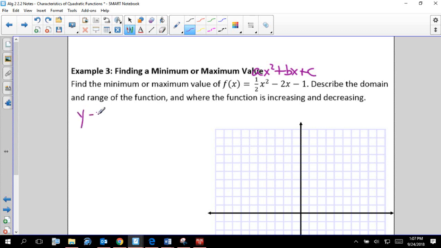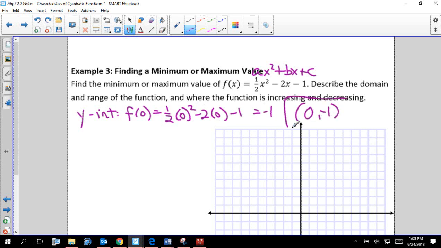So first thing we're gonna do is find our y-intercept. We find our y-intercept by plugging in 0 for x. So f of 0 equals 1/2 0 squared minus 2 times 0 minus 1. So I get the y-intercept 0, negative 1.